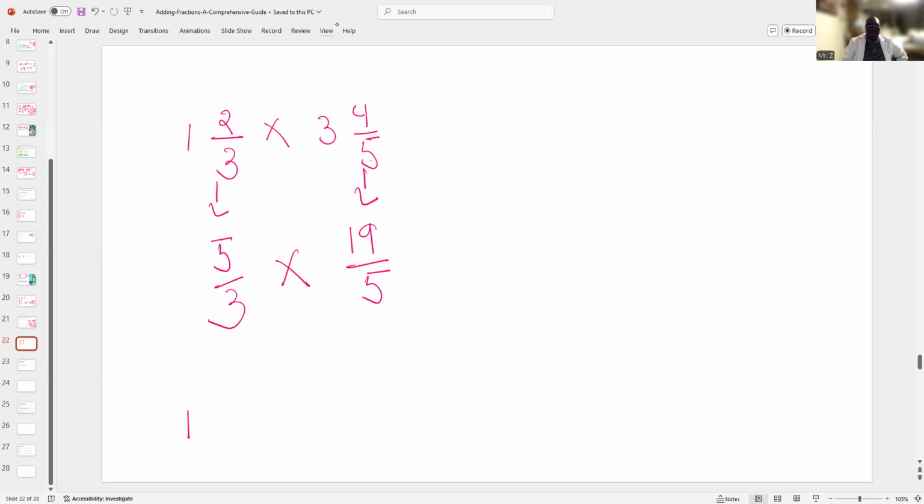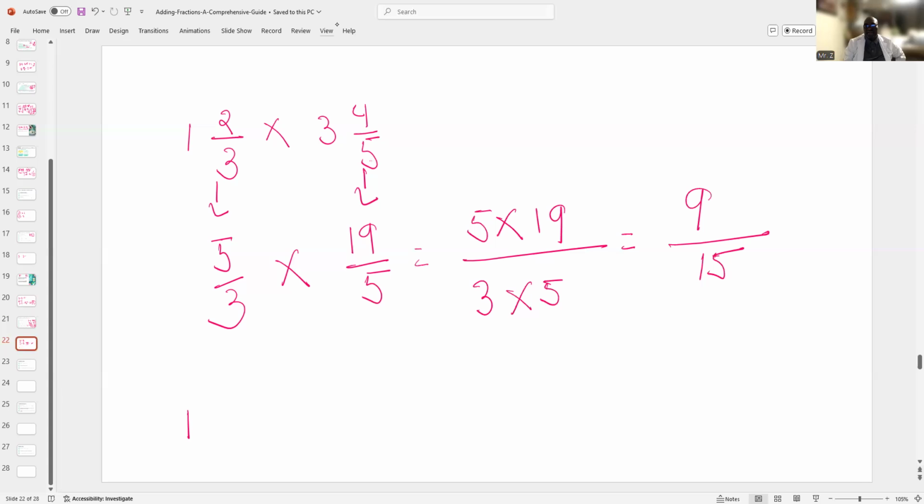From that one, now you multiply the numerators together and multiply the denominators together. Once you do that, right here, use your calculator. 5 times 19, you put that in, you will have 95.